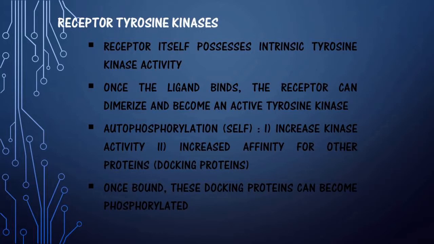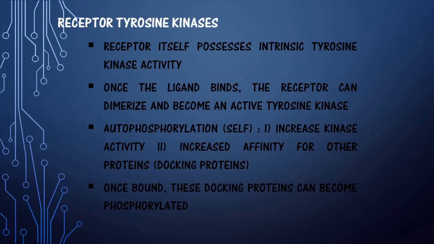Once the ligand binds, the receptor can dimerize and become an active tyrosine kinase. The receptor remains in the monomeric inactive form, and when the ligand binds to the monomer, there is a tendency for two monomers to bind together to become a dimer. As soon as the receptor dimerizes, it becomes an active tyrosine kinase.